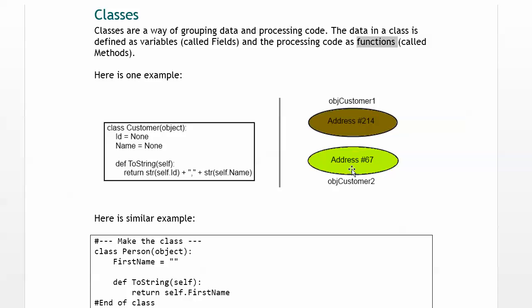So these two objects are made from the same class, but they're considered separate objects. They have different data in them, which is also referred to not only as fields, but as the object's state. The object state is the data inside of them.